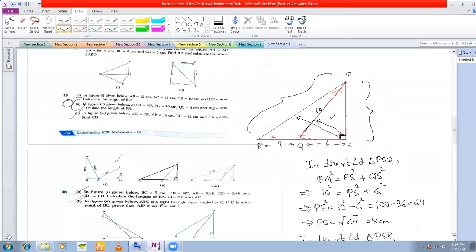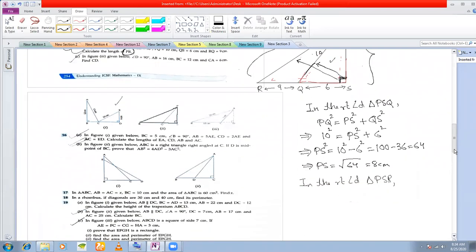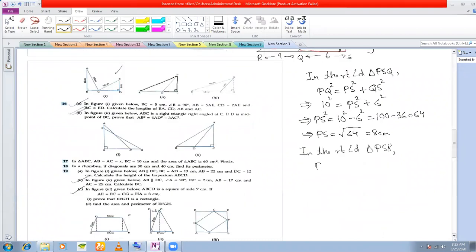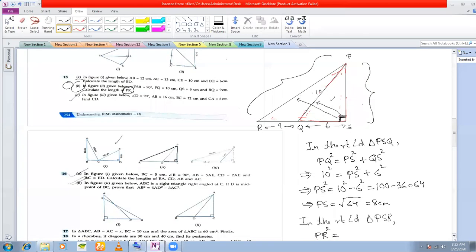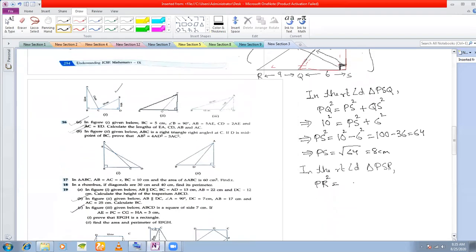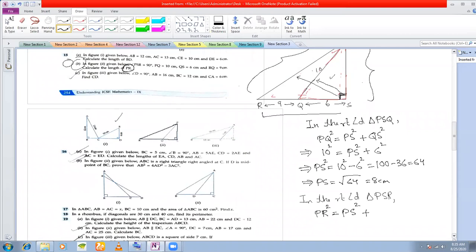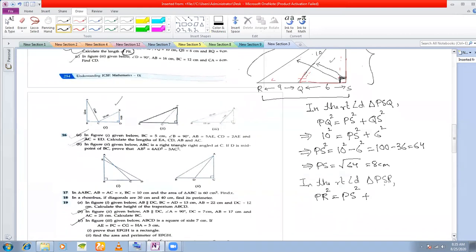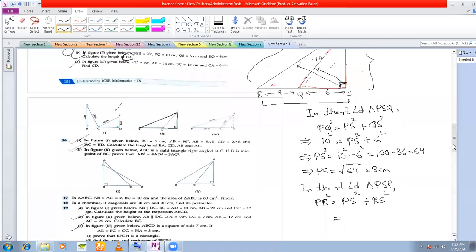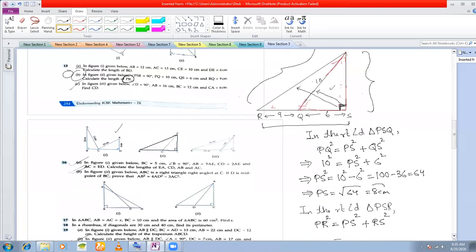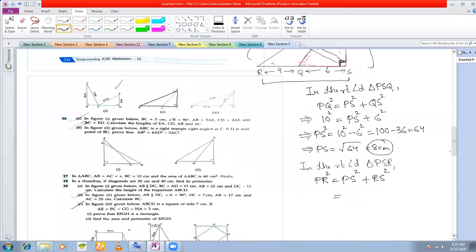So PR square, hypotenuse square, is equal to perpendicular square, which is your PS square, plus base square, which is this entire length, RS. PS we have calculated as 8 centimeters, so we put it here.